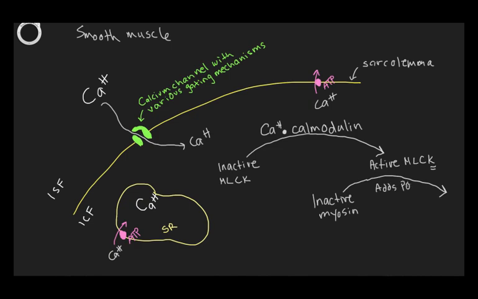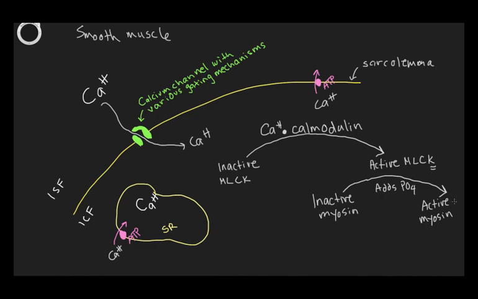That's PO4, phosphate. Now we have active myosin. So this is really kind of different from skeletal muscle, where myosin is always capable of being active. It's just waiting for the binding site of actin to be revealed. With smooth muscle, the binding site of actin is always available, but myosin is not active until it has another phosphate added to it. And then once myosin is active, it's able to go through the cross-bridge cycle.